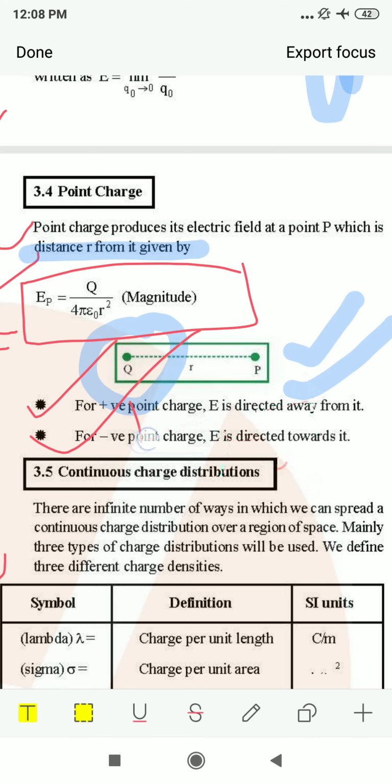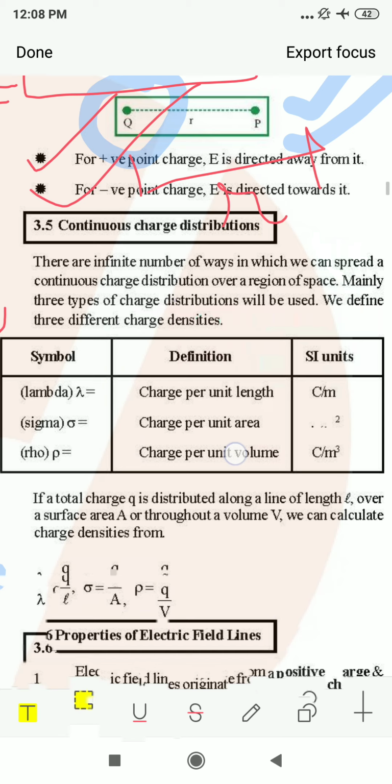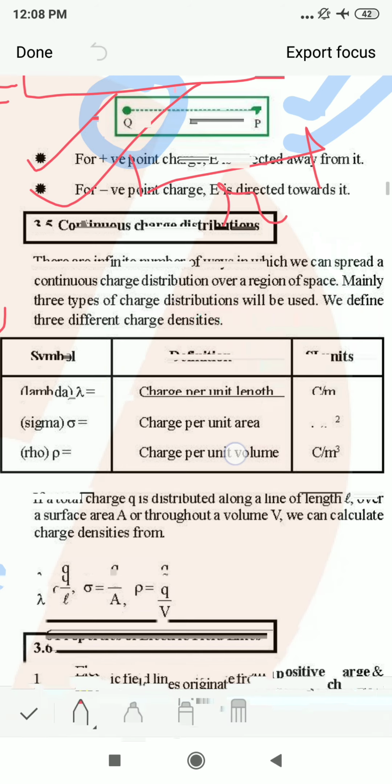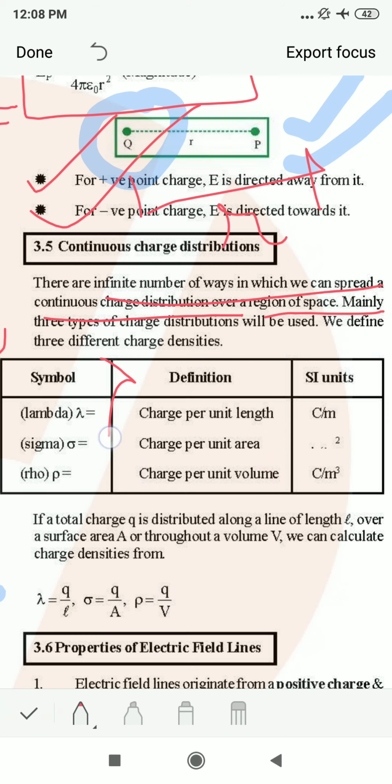The next comes the continuous charge distribution. There are a number of ways in which we can distribute charge, types of charge distribution. So charge per unit length, if we want to distribute charge across the length, the symbol will be lambda. And if we want to distribute the charge per unit area, the symbol is sigma.